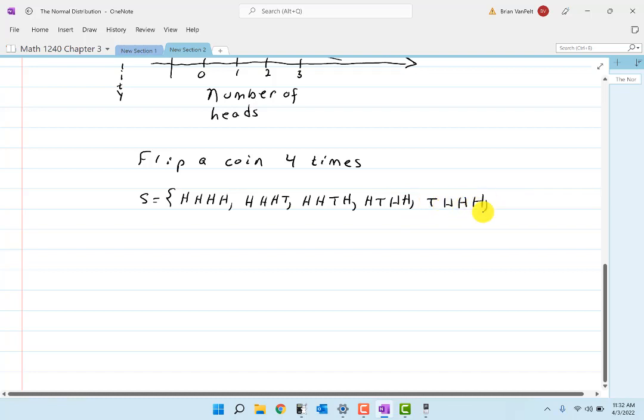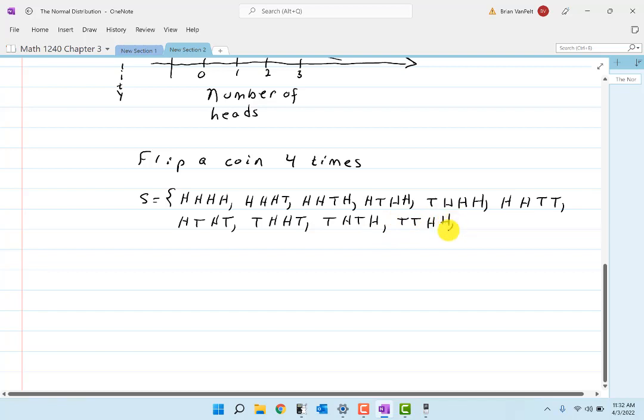And then let's take a look at all the ways of having 2 heads. And then we can do TH, TH, T, T, H, H. Now we know we need 16 of these.